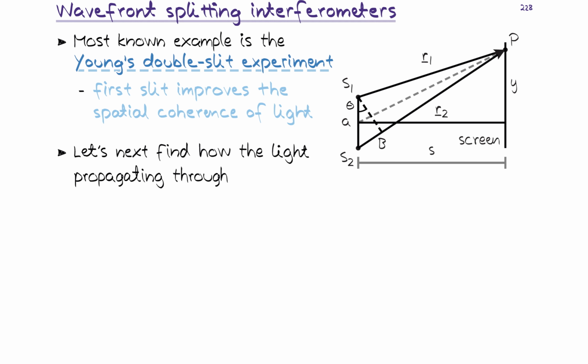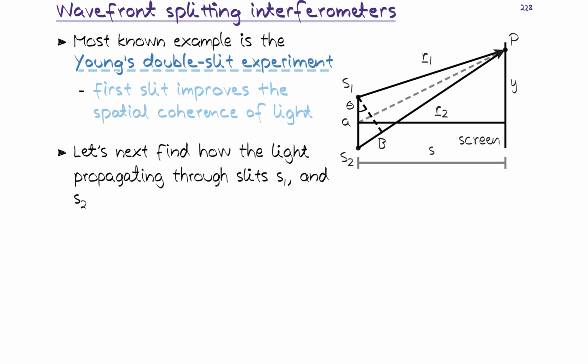The first slit is just meant to improve the spatial coherence of light. Already at that time, people knew what spatial coherence is, and they knew how they could improve the coherence properties of normal light distributions, for example, the coherence of sunlight.